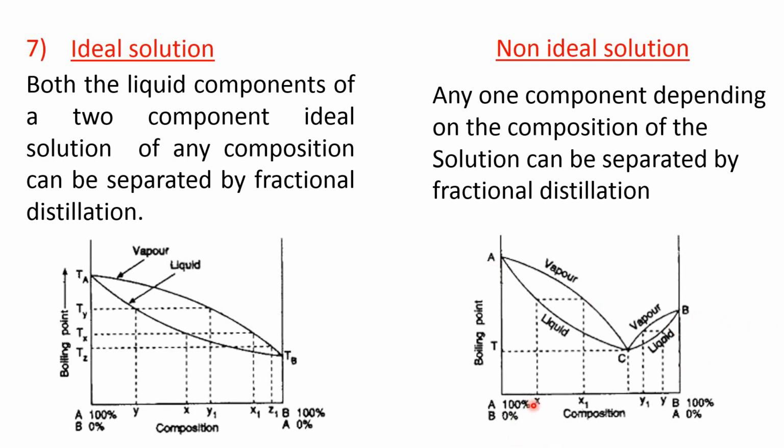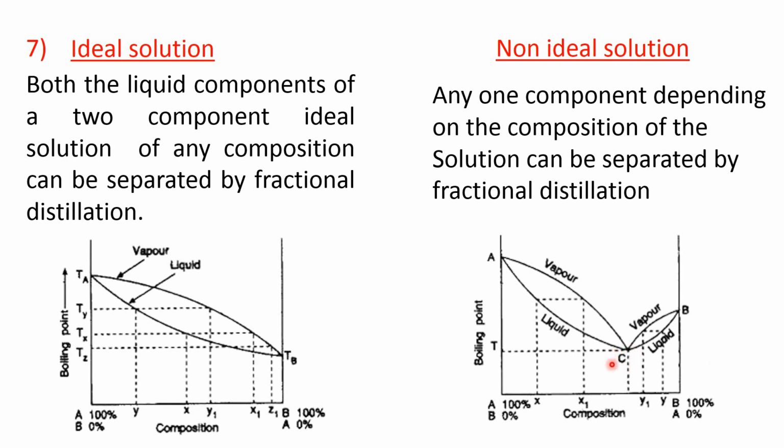Now, if you take any composition between A and C, say I have taken X, and if you heat it, it will start boiling here. Then the composition of the vapor is this one. If you extend the line and condense it, the distillate will be X1, which will be close to C. That means it is rich in this particular composition liquid, which we call the azeotropic mixture.